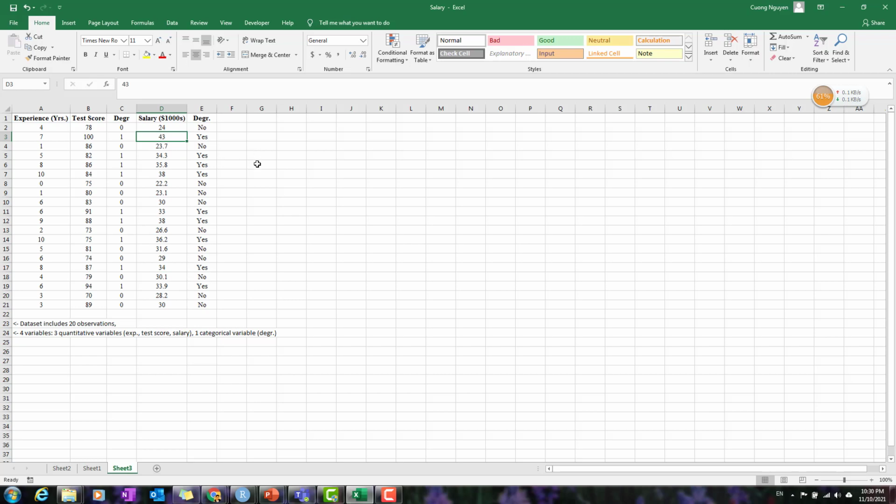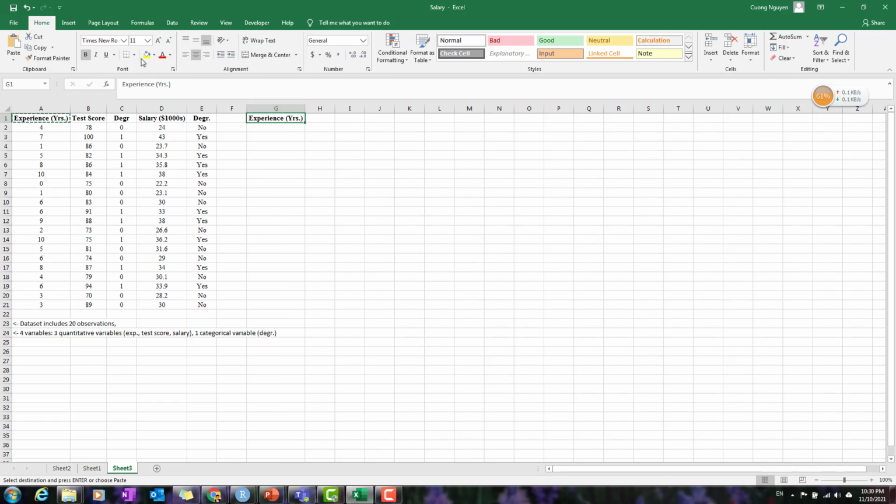So that gives me a first kind of impression, right, about the data. It looks like they are trying to use experience, test score, and lastly the degree, to explain the salary.